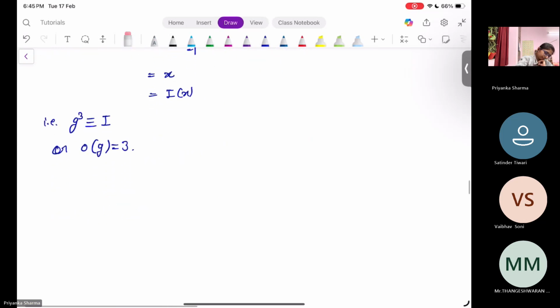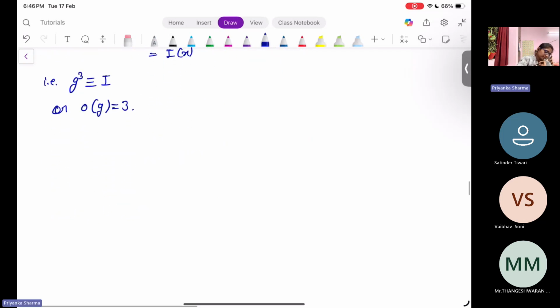Now, can we check whether F and G commute with each other or not? What is FG(x) and what is GF(x)? Are they same?